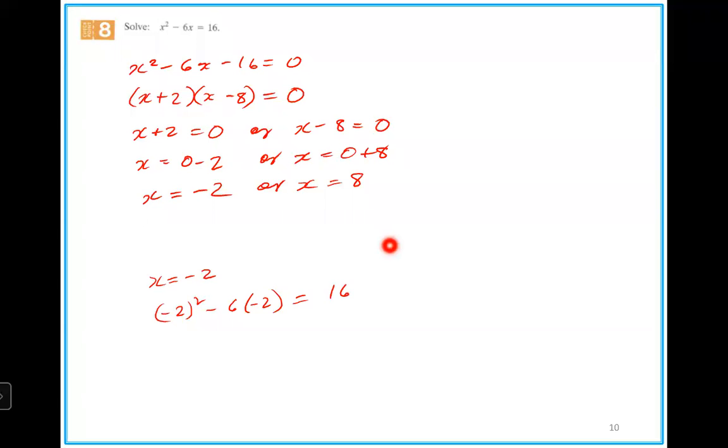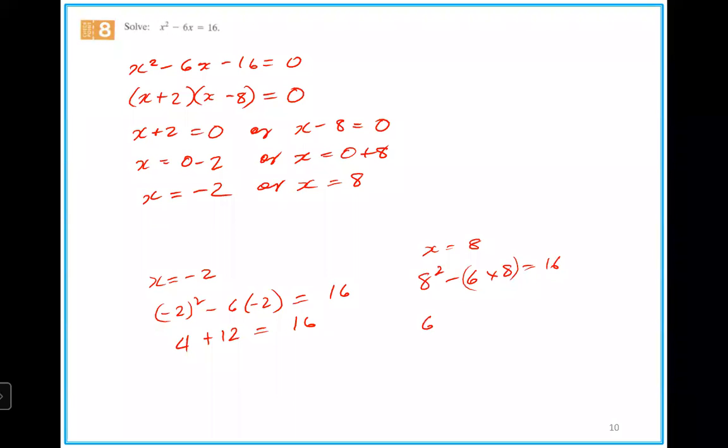Negative 2 squared is 4, and minus 6 times negative 2 gives you positive 12. 12 plus 4 equals 16, so that's true. For the next value, x equals 8, you're going to substitute 8 squared minus 6 times 8 equals 16.